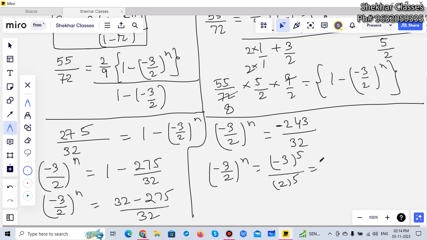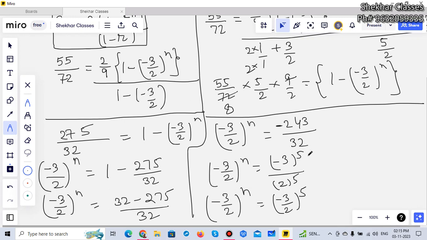So I can write it here: minus 3 upon 2, the whole power n is equal to minus 3 upon 2, the whole power 5. Why? You must be having an idea. It should be a power of the base minus 3 upon 2 only, right?